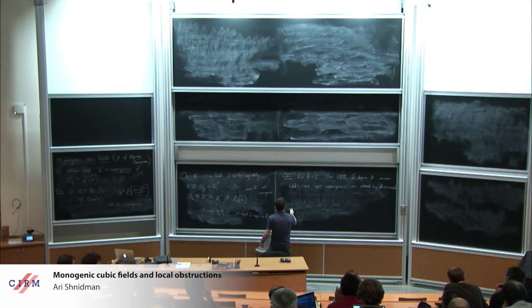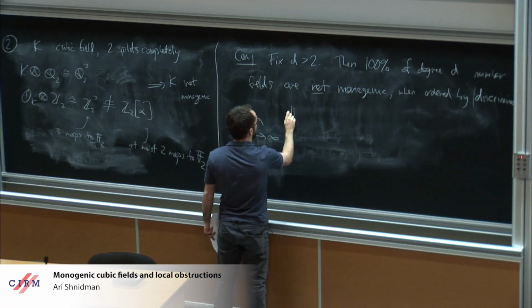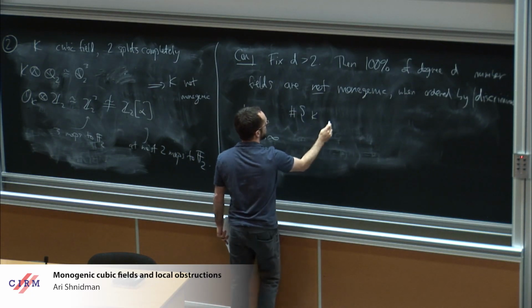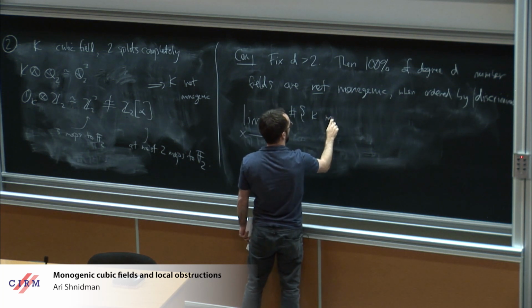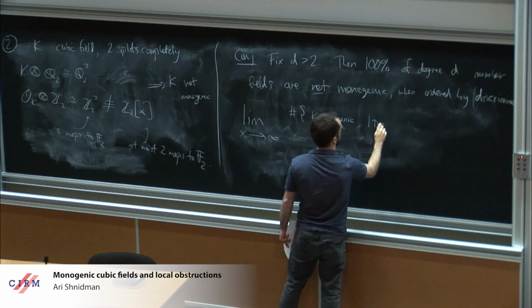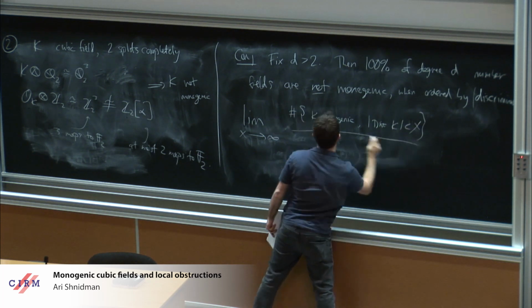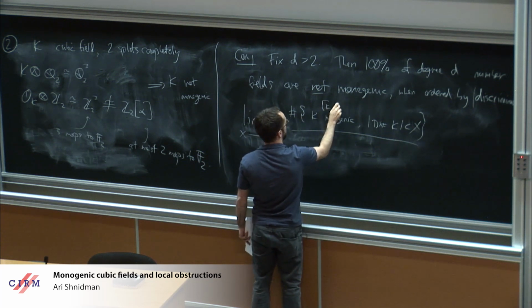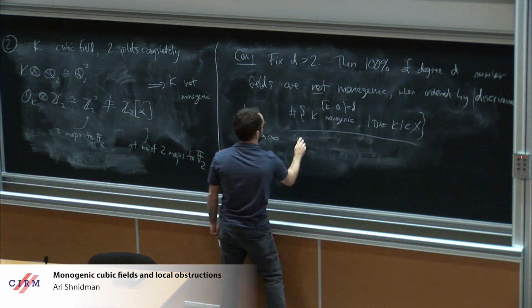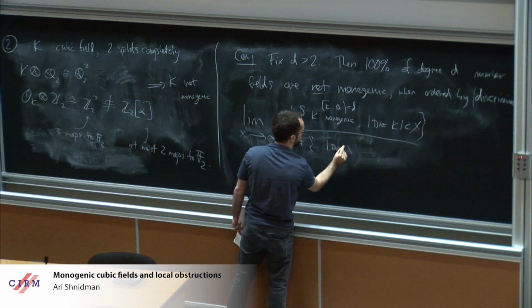In other words, I'm saying something like, as I take the limit as x goes to infinity, I count the degree D monogenic fields K with discriminant less than x, and I look over all degree D fields of discriminant less than x.